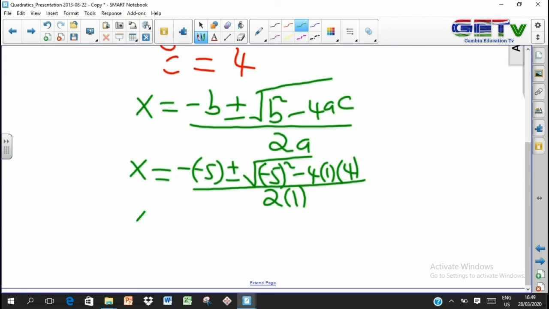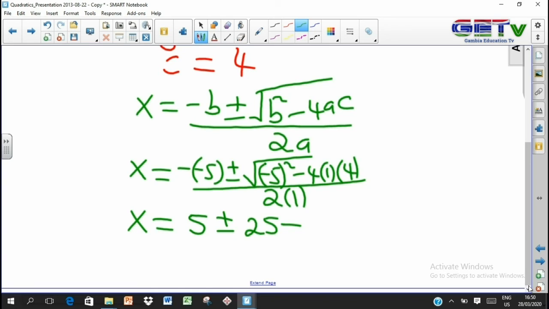To simplify further, you will have x equals negative times a negative number will always give us a positive answer. Plus or minus the square root of, 5 in bracket squared will give us 25 minus, this time around, all the components there are positive.